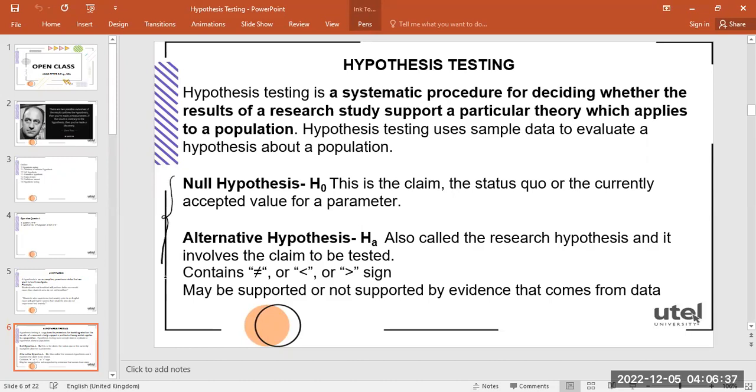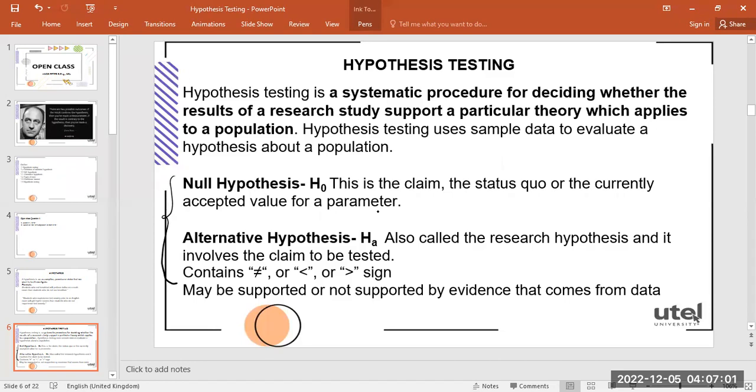Now, these are key hypotheses. The first one is known as the null hypothesis, which is represented by capital H subscript 0. Basically, this hypothesis happens to be the claim or the status quo or the currently accepted value for a parameter.